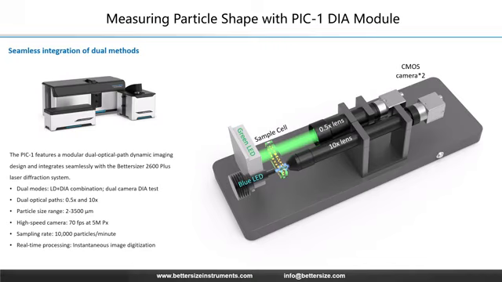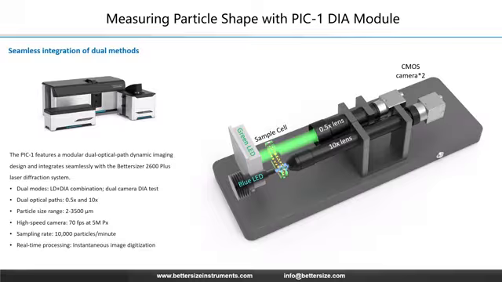Now, let's look at the optical architecture of the Peak 1 module. Everything begins with stability. The particles are stably transported by the dispersion system into the imaging channel. Once inside, they pass through an optimized optical layout featuring two distinct passes.